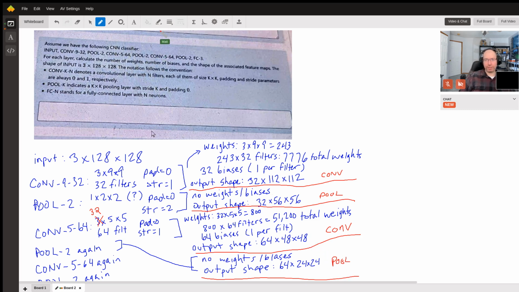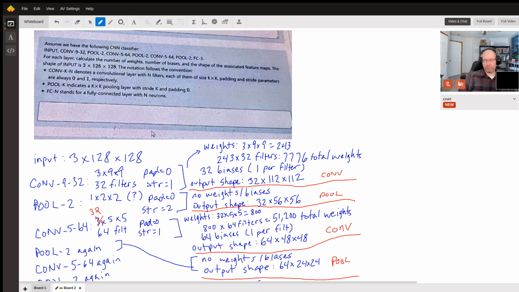Okay, and then another convolutional layer. So another conv 64. So the weights will be, let's see. Yeah, it's 64 because it's the input channels times 5 by 5.